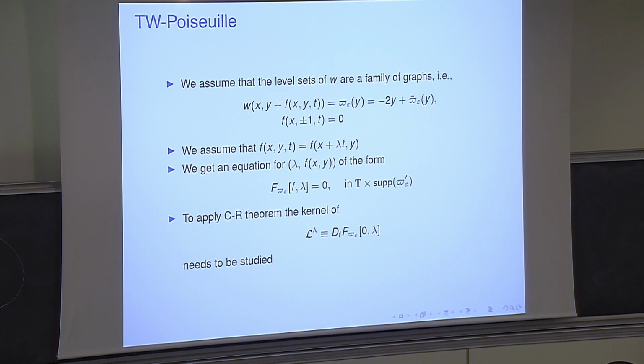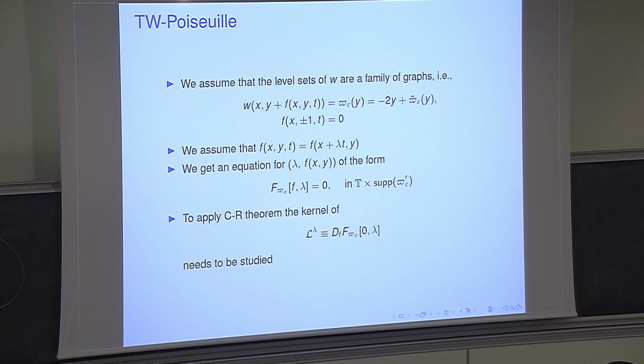And then we are going to do more or less the same. We are going to consider that the level sets of our vorticity are given by a family of graphs. And the vorticity along these graphs is going to be this profile p bar epsilon that just depends on y. This profile is going to be minus 2y plus a perturbation, ω tilde epsilon. ω tilde epsilon is not going to appear again in this presentation.